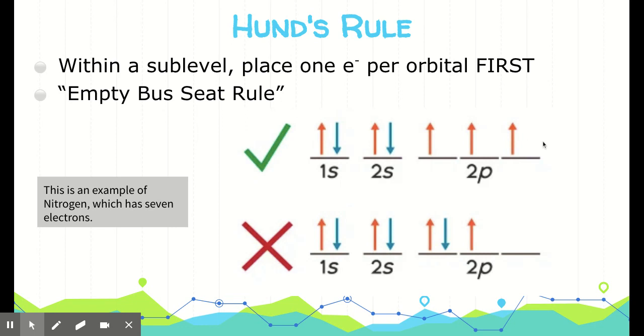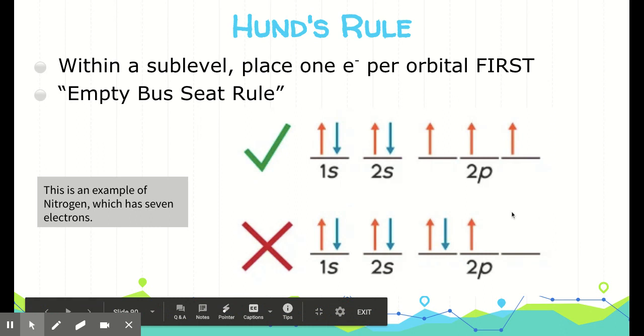So this would be the correct way to do this: you have an up and a down, you have an up and a down. This is Aufbau's principle. We filled up this sublevel before we moved on to this one. But Hund's rule explains that you're going to put 1 in each box or seat before you start filling them back in. So this would be wrong down here, to have an up and a down and then have a blank space over here.